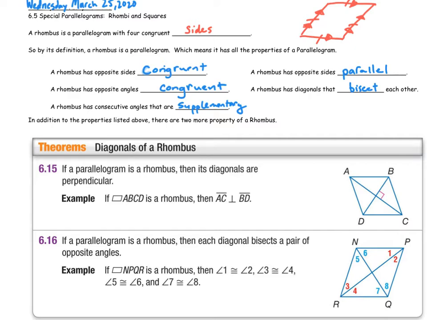So what you see is that these diagonals will make these angles congruent. Also know that these angles right here will be congruent because they are cut in half. They're bisected. Those are the two theorems we're going to look at. I'd like to get started with some examples.